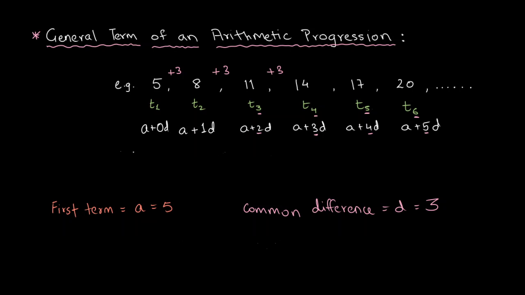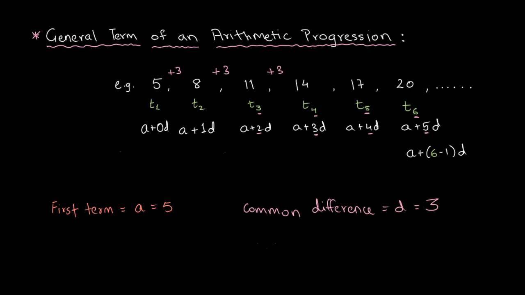And what I would have liked you to notice on your own is that if it is the sixth term I'm talking about, I can write this a plus 5d as a plus 6 minus 1 into d. The thought is to relate this 6 over here and get that value within the formula as well.